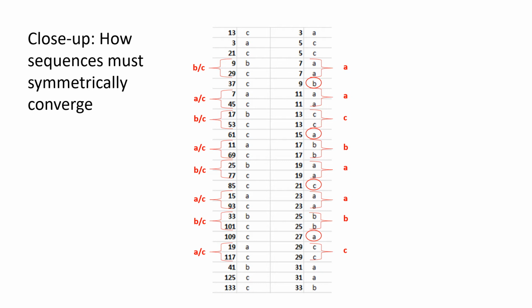So let's pretend there's a sequence that begins with 9, and let's pretend there's a sequence that begins with 29. And they both converge on 7, and 1. So in every case, C is one of those convergent numbers.